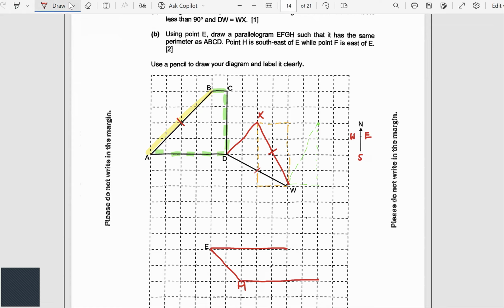That gives us 10 straight lines. And one diagonal. So E, F, G, H. Okay, so this is what it should look like. Use your ruler. So it has to slant this way, not the other way. But then again, this part is not really in the syllabus now. Okay, question 16.